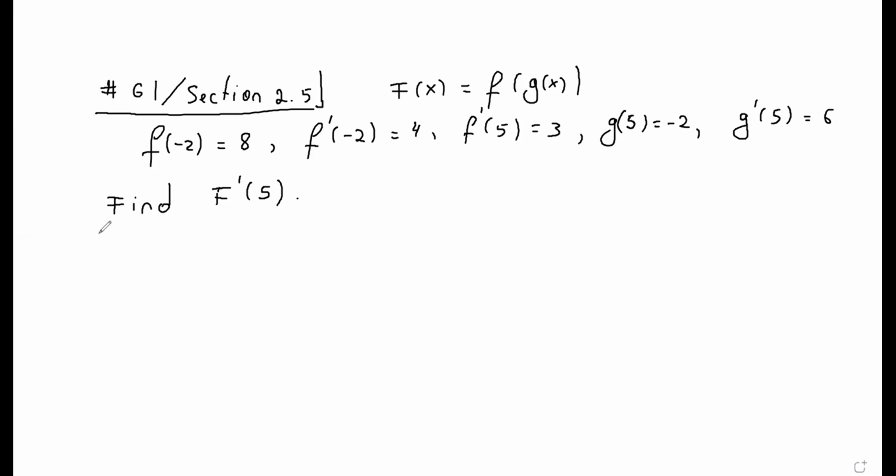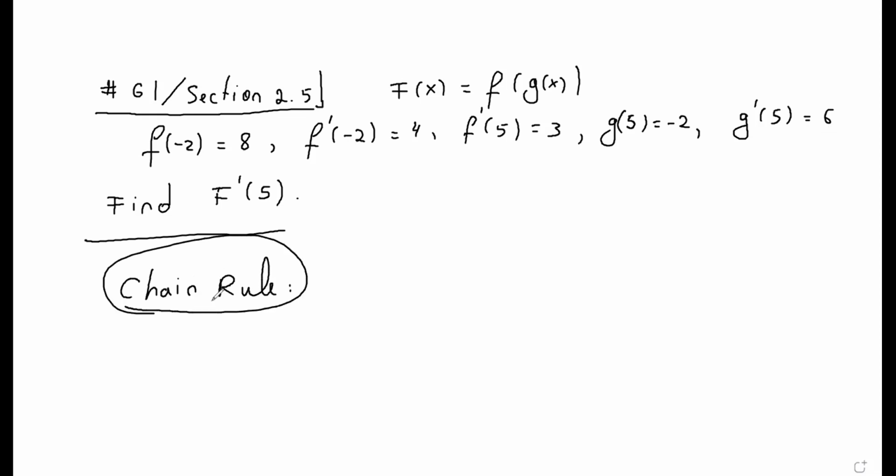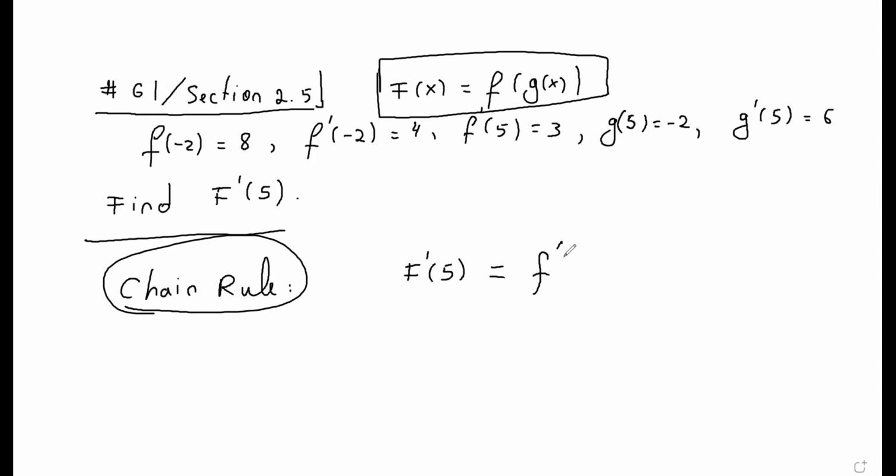So here's the deal. The answer to this is the chain rule. That's going to take care of everything that we need here. For F prime of 5, let's look at F. By the chain rule, it is going to be f prime of g of 5.